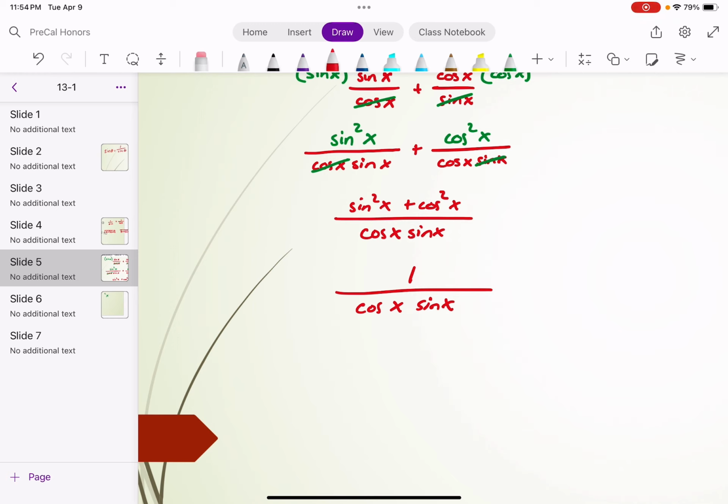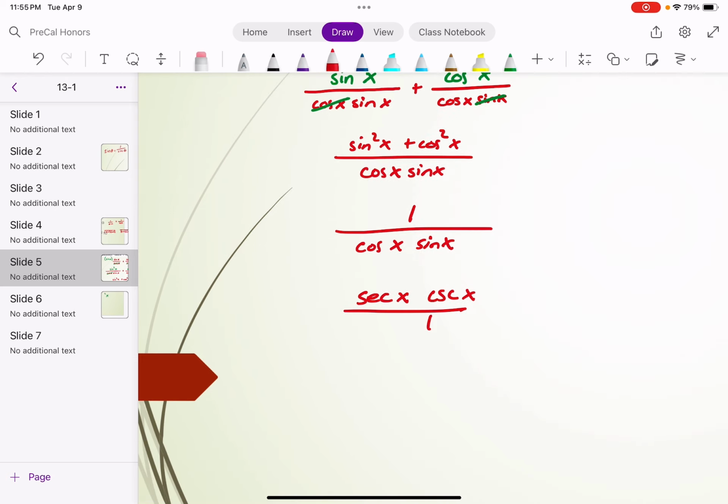In this case, we can go ahead and use the reciprocal identity: 1 over cosine x gives us the same as secant x, and 1 over sine x would be the same as cosecant x, over 1.